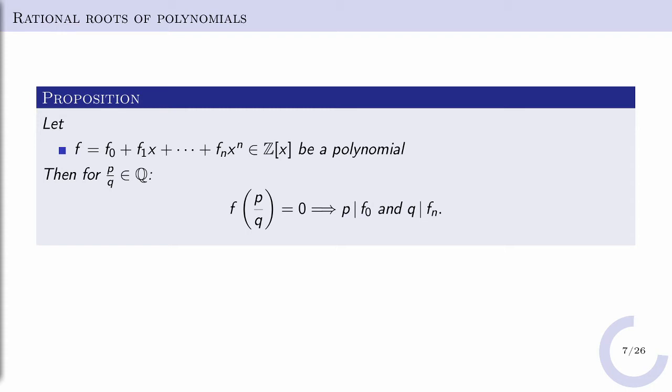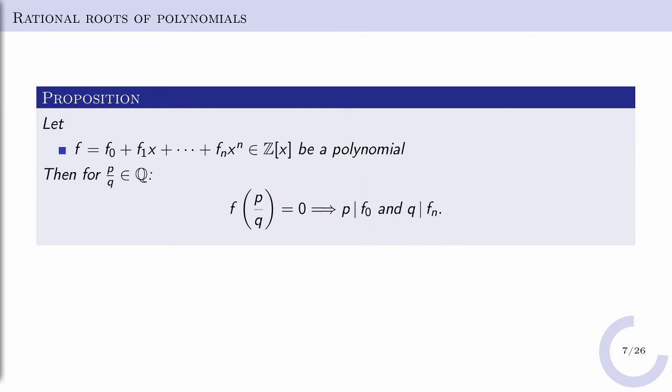This proposition says that if we have a polynomial whose coefficients are integers, then a rational number p over q can be a root of the polynomial only when the numerator divides the constant term and the denominator divides the leading term. Observe that we have only one implication. So if this is a root, then this happens.